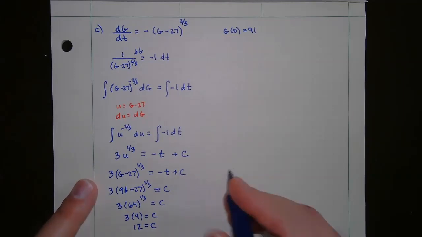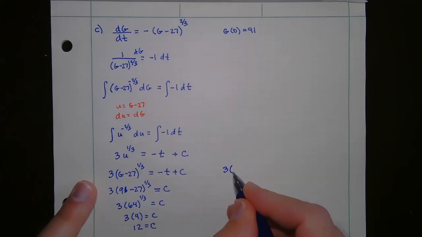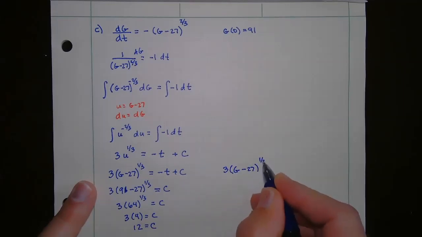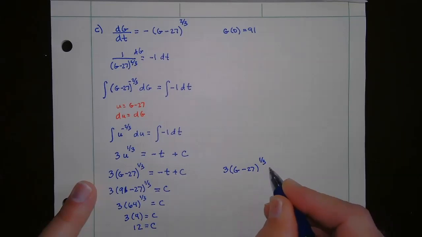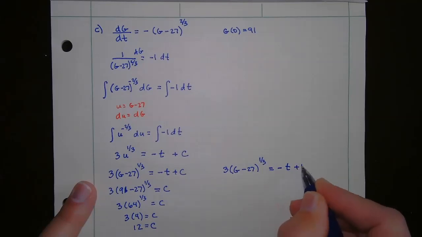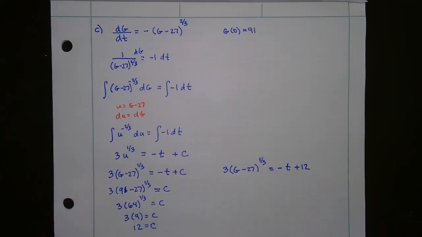That is 12. So really what we have is 3 times g minus 27 raised to the 1/3 is equal to -t plus 12. Now we want to get g by itself. The very first thing we want to do is get rid of this 3.